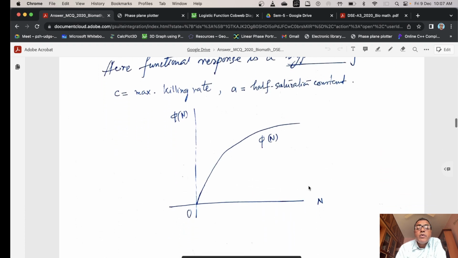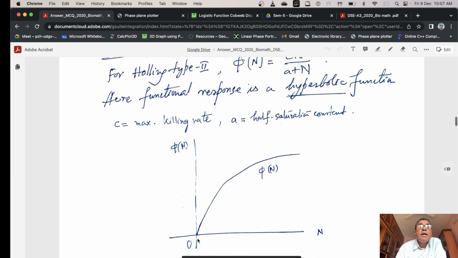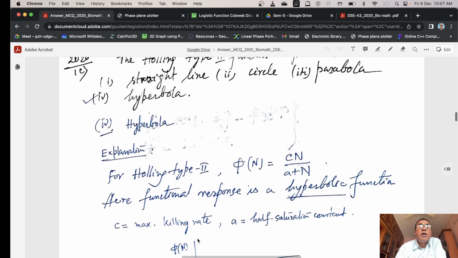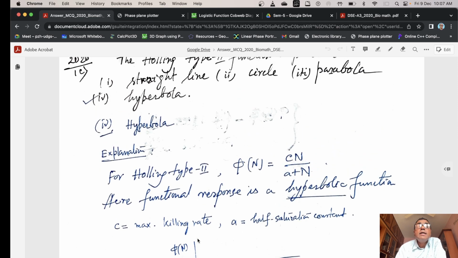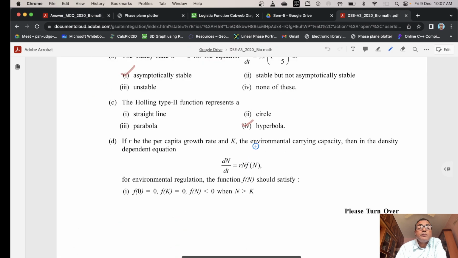If we plot phi(n) against n, population density, with phi(n) on the vertical axis and n on the horizontal axis, then we get a hyperbola. So this is the functional response called hyperbolic functional response. Correct option is 4.